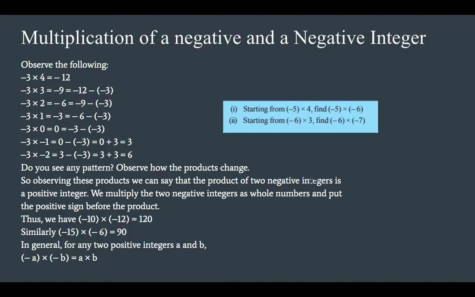Negative 5 into 2 will be negative 15 minus negative 5, that is negative 10. Similarly you reach the stage of negative 5 into negative 1, which comes out to be 5. So negative 5 into negative 6 will come out to be 30, but you should do it on your own, the second one at least, just to observe the pattern.